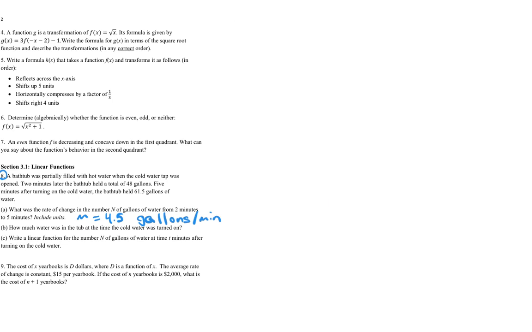Okay, and for part B, it's asking how much water was in the tub at the time the cold water was turned on. So here we can go to our y equals mx plus b formula. One thing we know is that we have the point (2, 48) and that m equals 4.5.